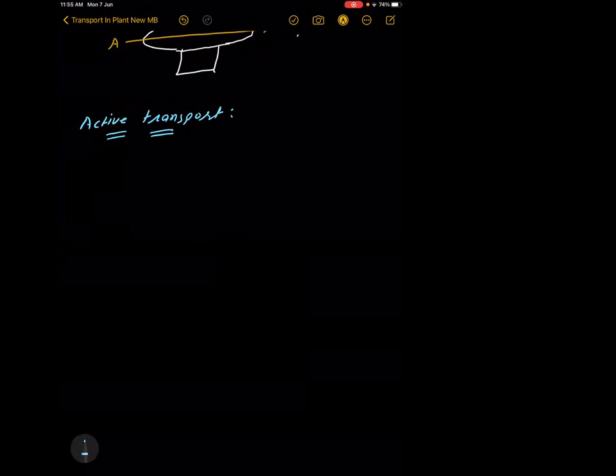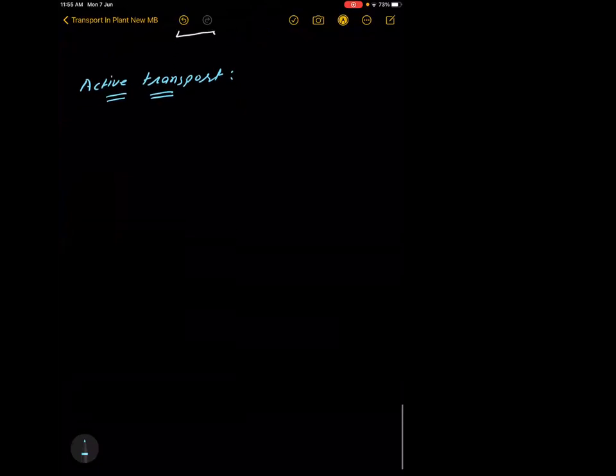It is carried out by special membrane proteins. These proteins are called pumps; the word pump is generally used because they pump the material actively. To pump something, energy is used. So they are called pumps, not channels. So, active transport.